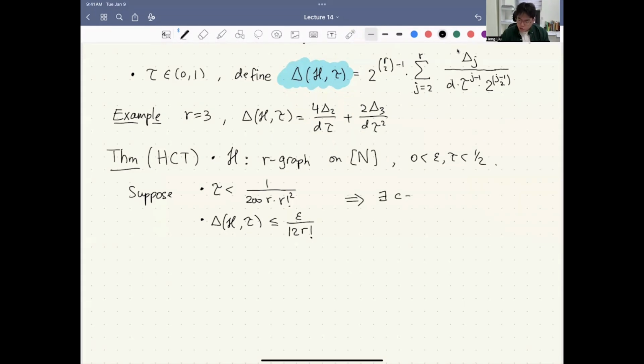which is at most some constant depending only on the uniformity. So it's an absolute constant, and a collection C, which is a collection of subsets of the vertex set V, the containers, such that the following holds.